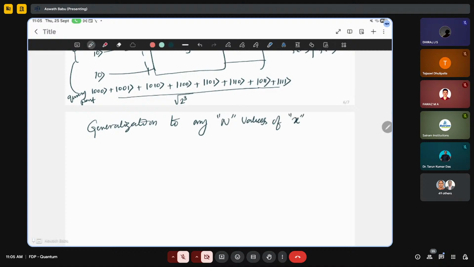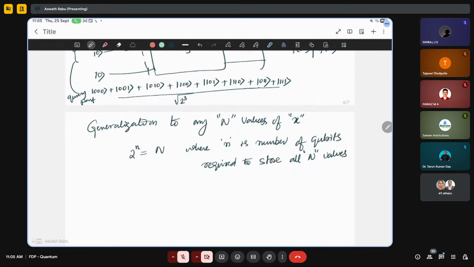So what I will do, let's say n is very large, I will choose a small number of qubits in such a way that I cover all the n values, where n is the number of qubits required to store all the values.